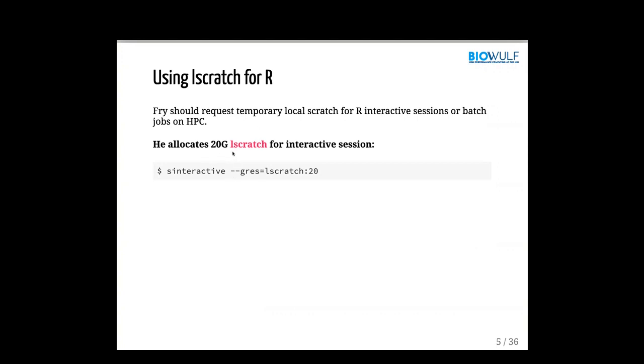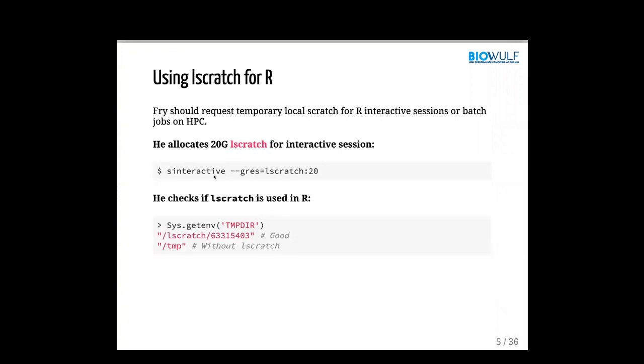For example, Fry allocated 20 gigabytes of scratch for the interactive session. You will use the generic resources, passing the parameter to interactive, and if it's a batch job, it will still work, or if it's a swarm.